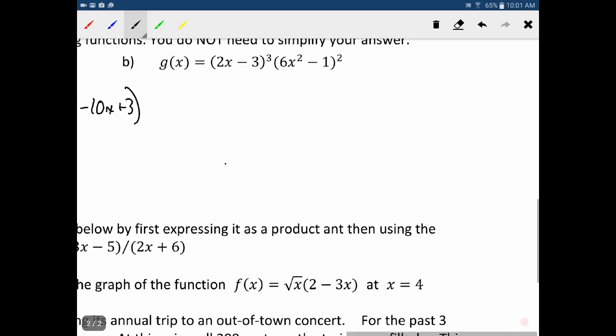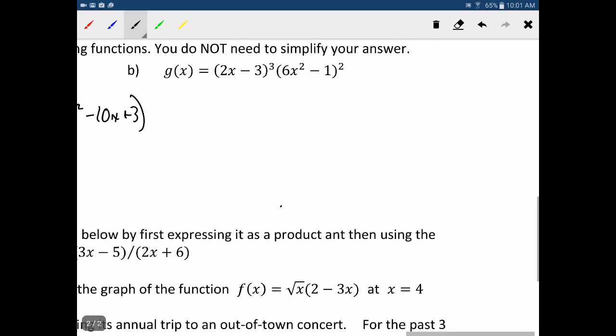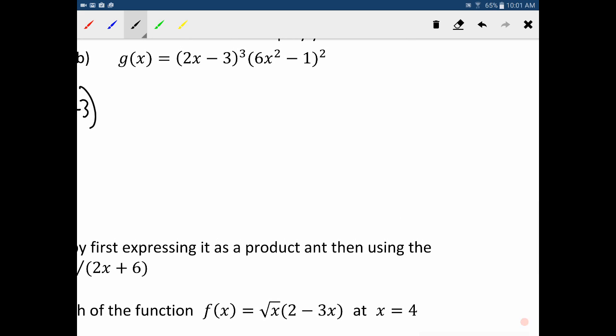So B here, this one's going to be fun because there's a lot going on here. We've got our first function to the power of 3, and then times the second function to the power of 2. So we're going to have to use a lot of different rules here.